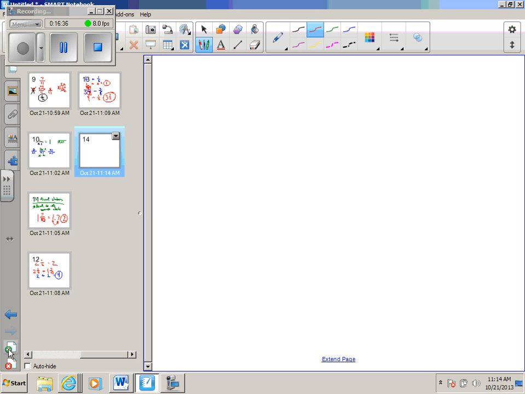Let's look at one of these together. 4 2/3 plus 7 11/16. Two mixed numbers, rounding both to the nearest whole. 4 2/3. Is 2/3 half or greater? It's definitely not half.